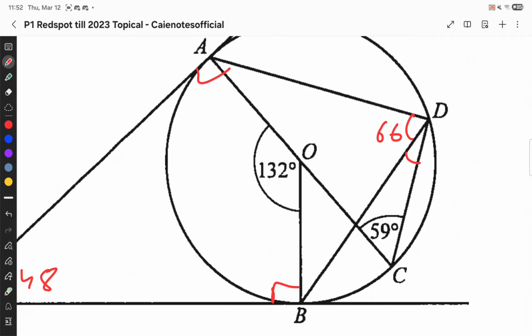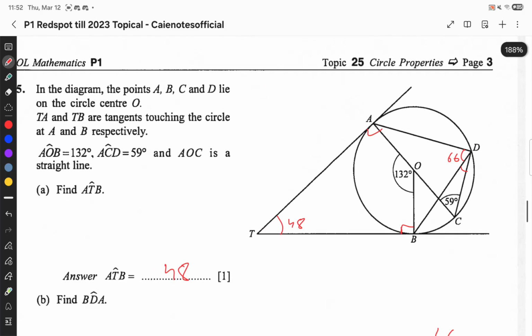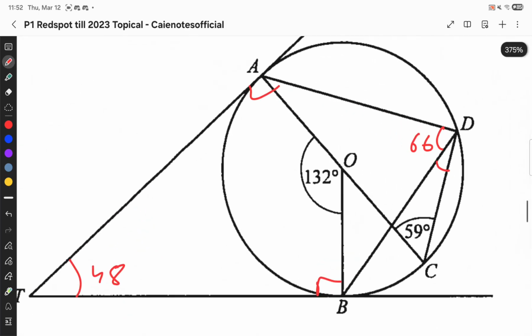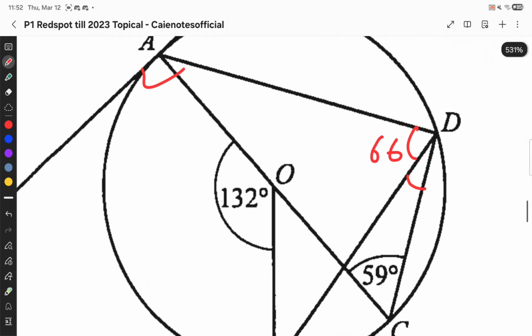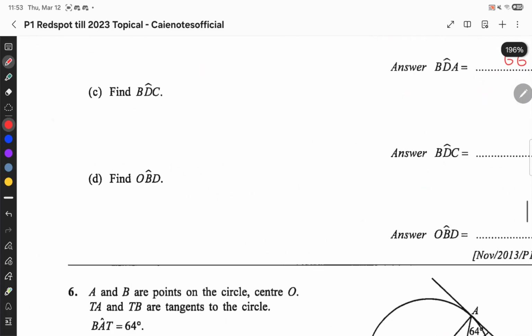We can by knowing some things about a circle. AOC is a straight line, and when it is a straight line, what do we know about it? Yes, it is a diameter, and this entire angle sums up to 90 degrees. So 90 minus 66 is equal to 24, and so this little angle is 24.